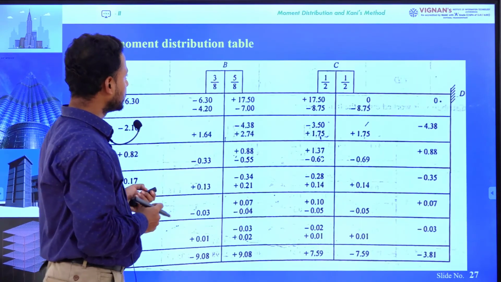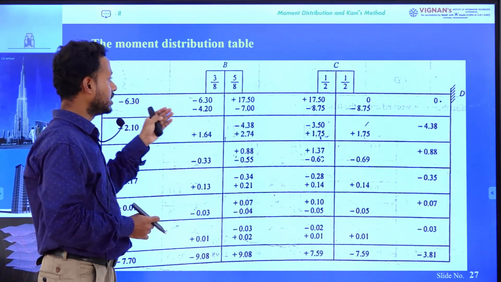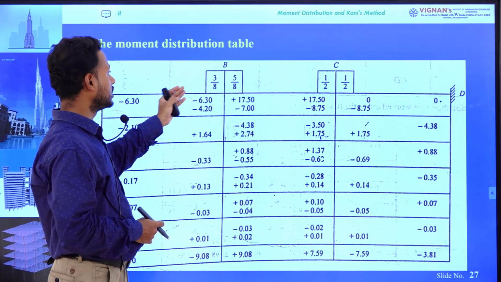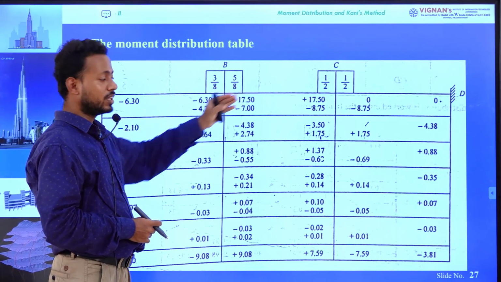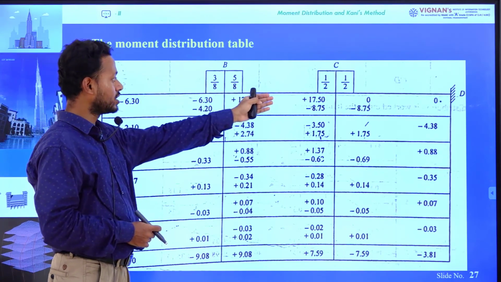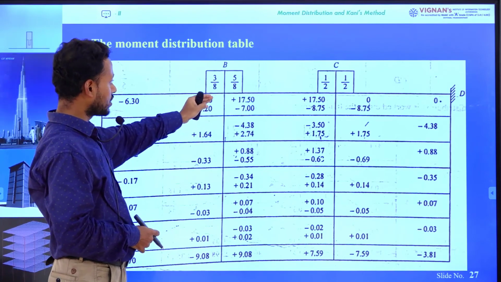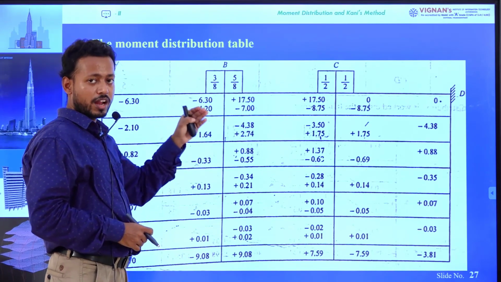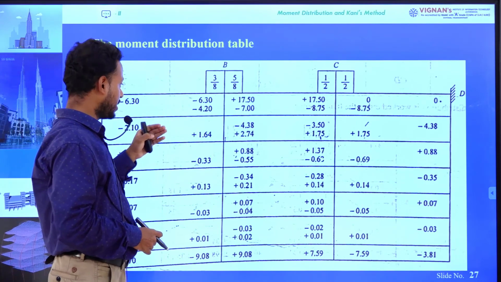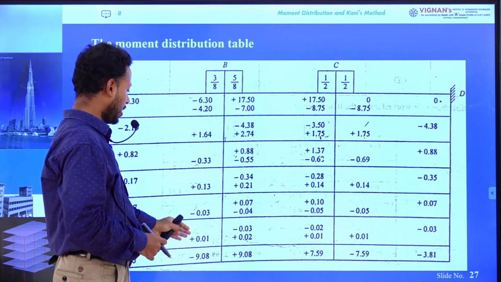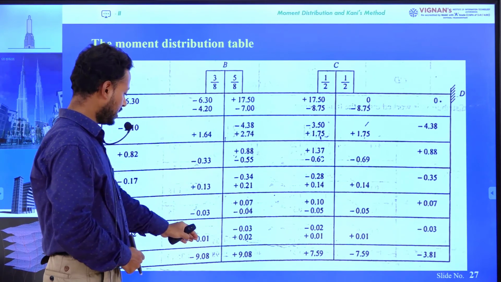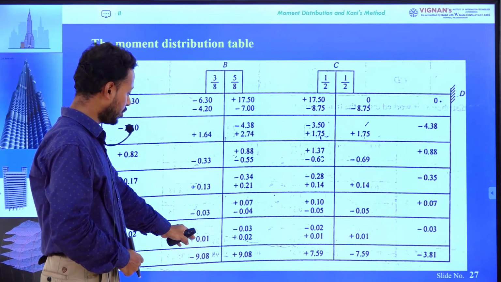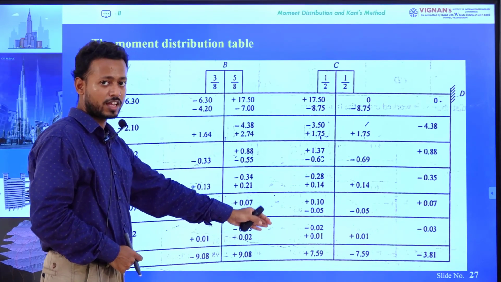Then we prepare the distribution table in this way. First you write the distribution factor at the joints, then you write the fixed end moments, then you start balancing and carrying over, repeatedly, until you get a small amount of moment, that is 0.01, 0.005, like that.